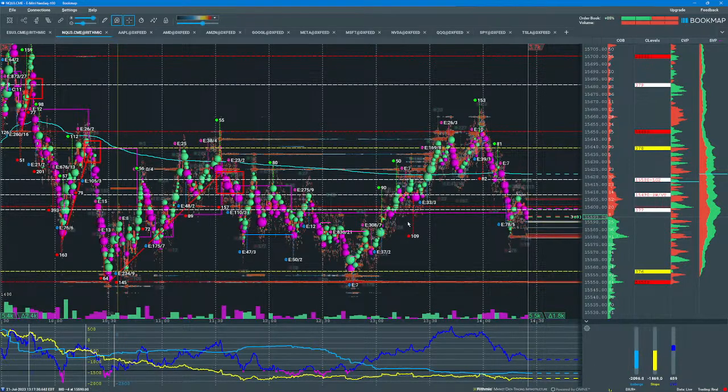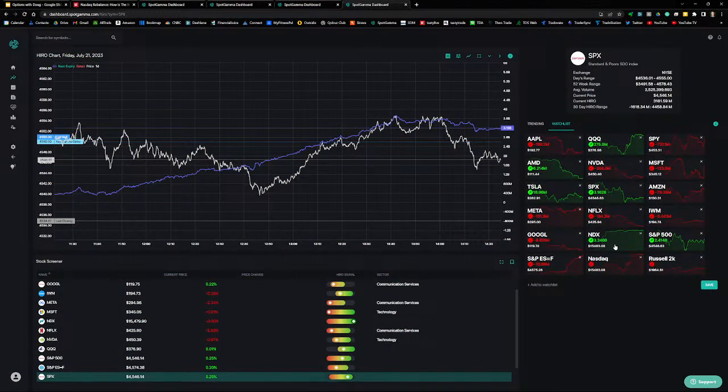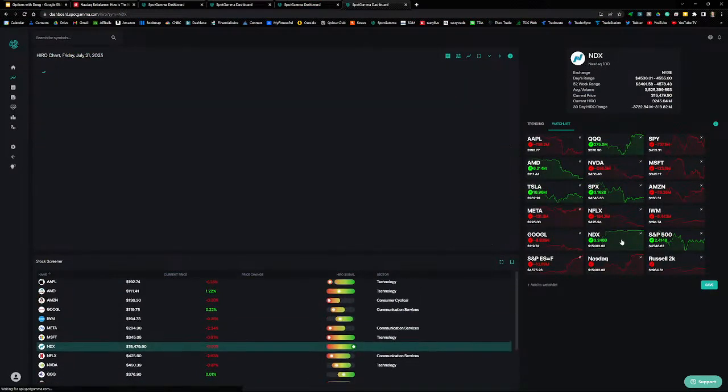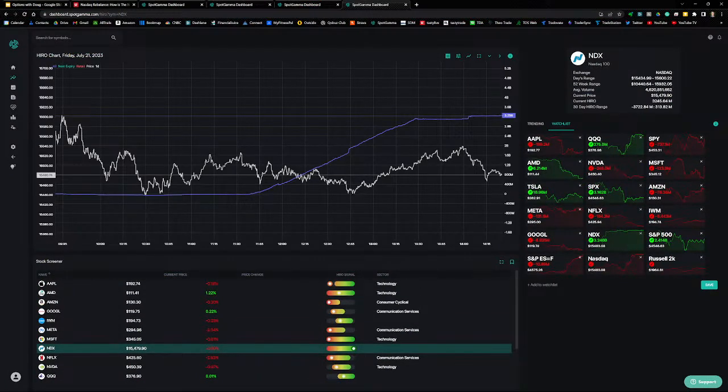Let's go take a look at Hero for Nasdaq. First of all, we'll take a look at NDX. So we know that traders stopped buying those NDX 18 August NDX calls right around 1:30.